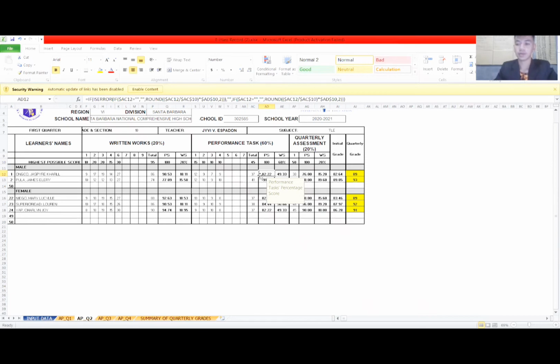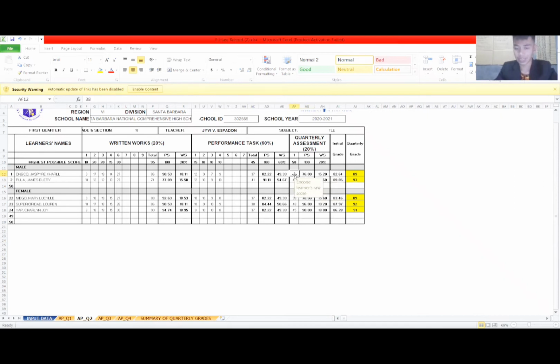The same process as here in written works and in the manual grading system. So now the weighted score of Mr. Ongko is 49.33. So here in quarterly assessment, Mr. Ongko got a score of 38 in my periodical exam, because this is a sample score. And his percentage score is 76. Why 76?